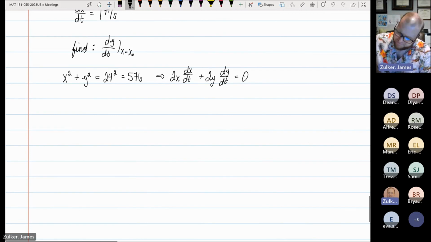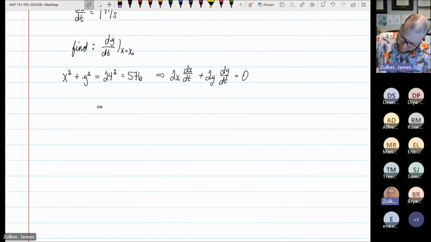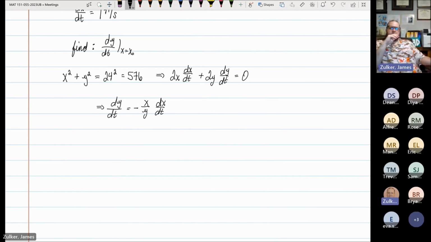Let's solve for what we want. But we know dx/dt is 1.